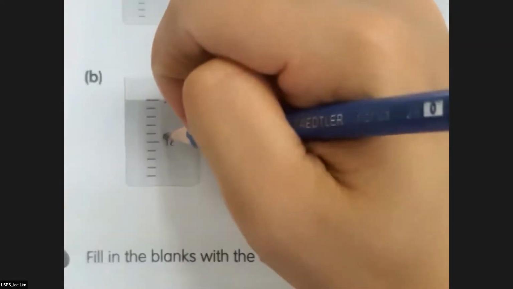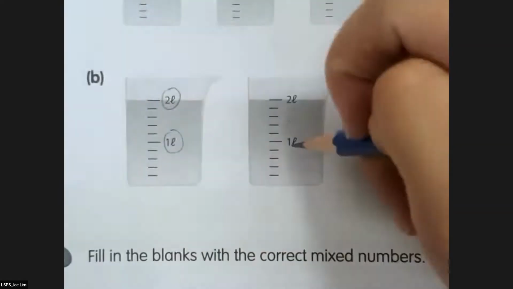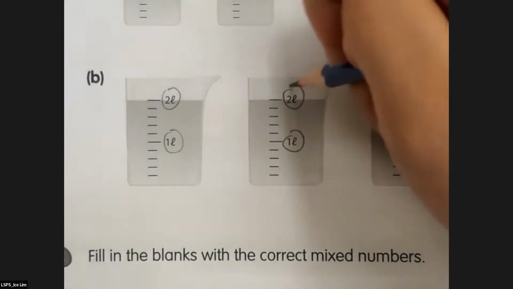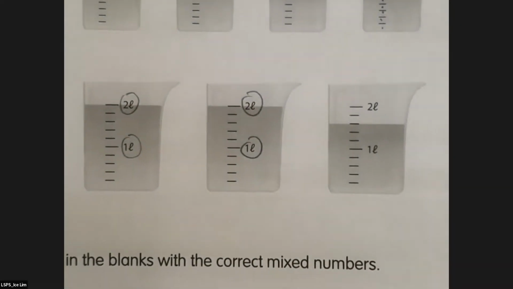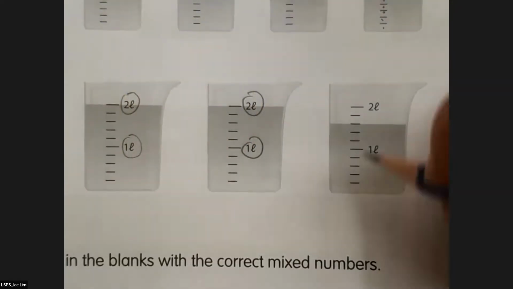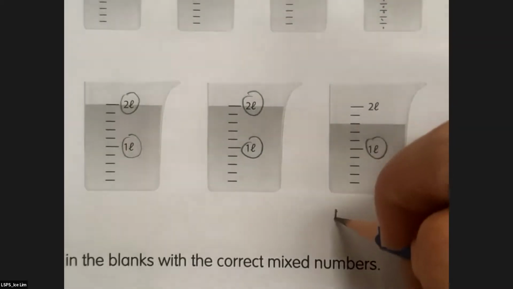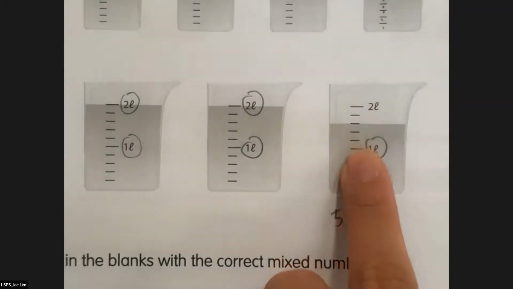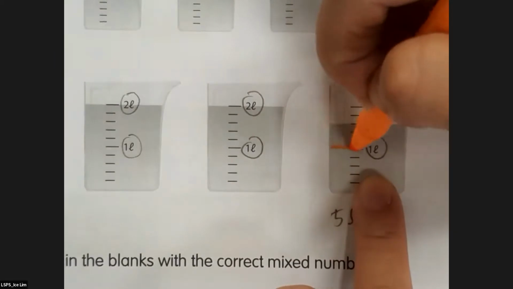I've got 1 whole liter, 2 whole liter, 3 whole liter, 4 whole liter, and 1 liter, 2 liter, 3 liter, 4 liter, and 5 liters. And then this is the fraction part.